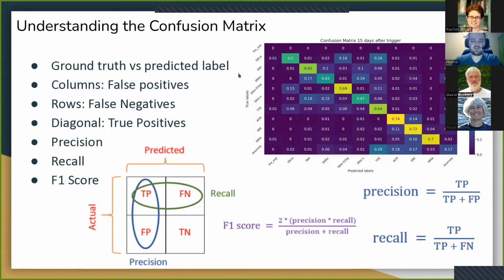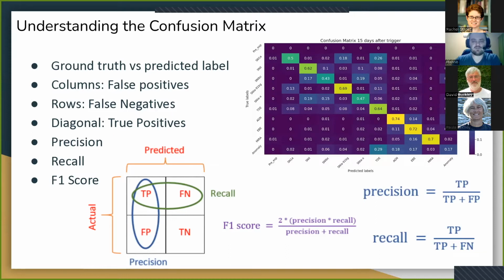The same with the recall. We do the same with the true positives, but now we look only at the columns versus the rows. And these two statistics tell us how accurately our model is able to predict a bunch of light curves.